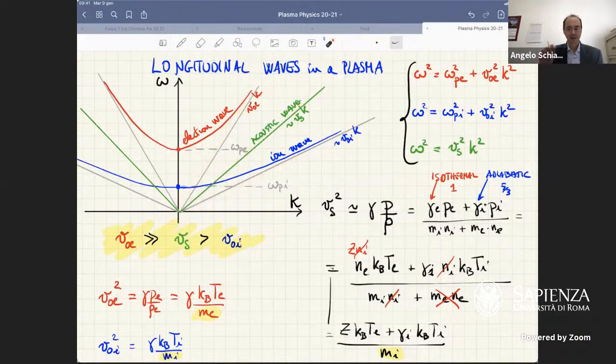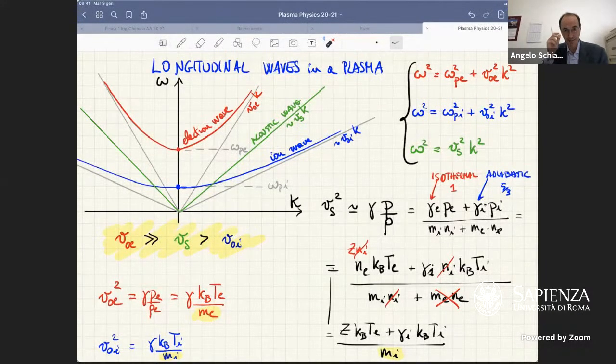If the temperature goes to zero, these lines become more and more horizontal, leading to the cold plasma approximation, where we do not have propagation, but just localized oscillation. If instead the temperature increases, all these slopes become steeper. And what else could change?